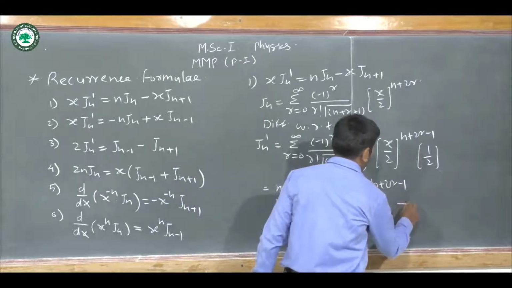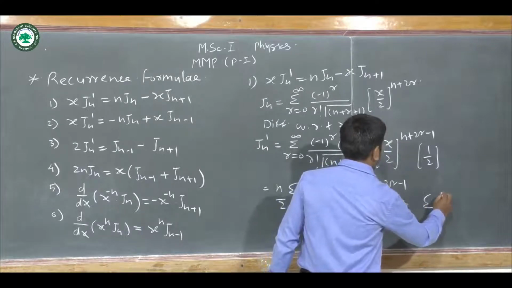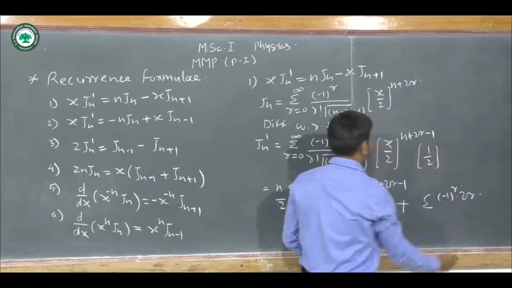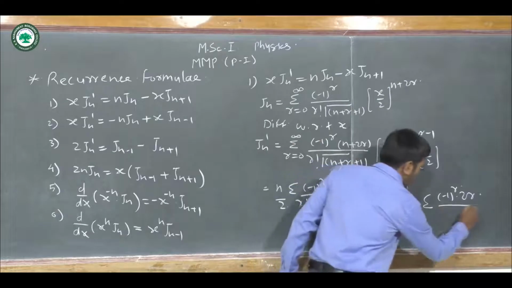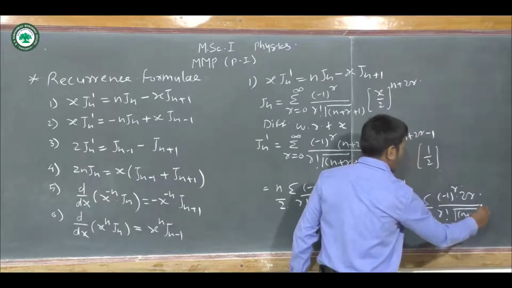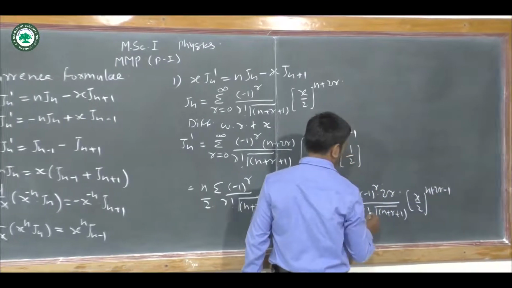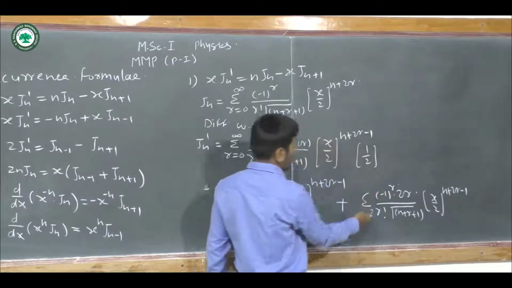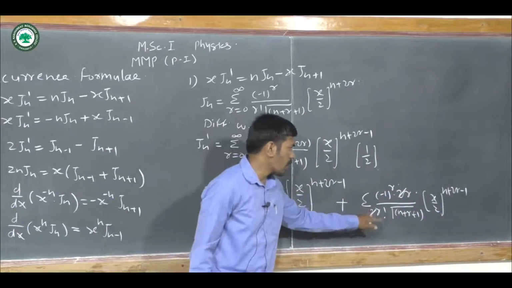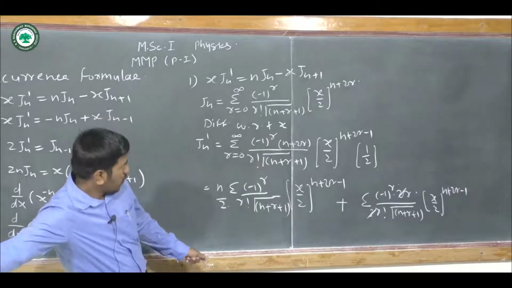And one more term, plus the summation of minus 1 power r into 2r divided by r factorial gamma of n plus r plus 1 into x by 2 power n plus 2r minus 1, and 2 with this half. So this half 2 and this 2 will cancel out. So this is the expression.